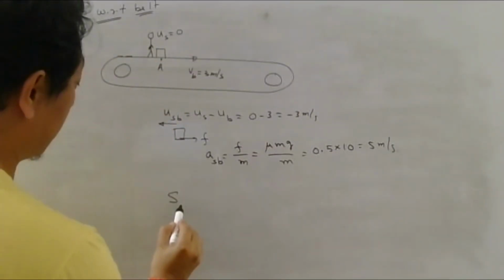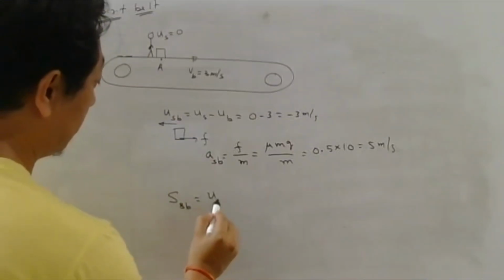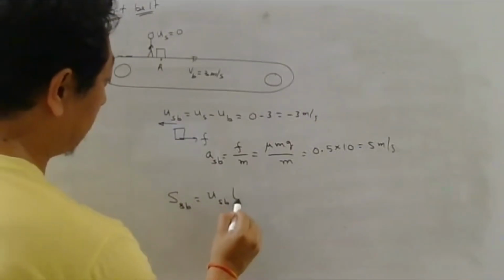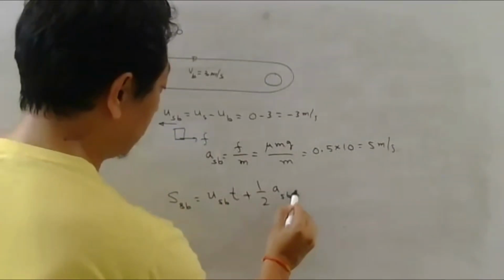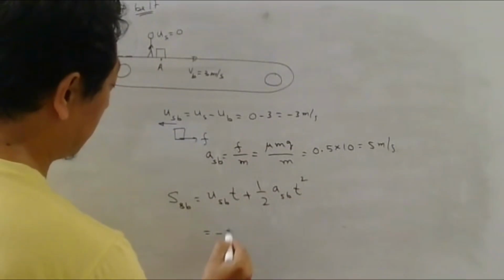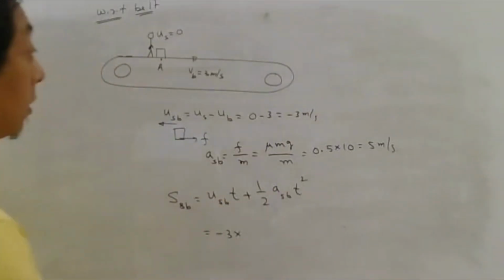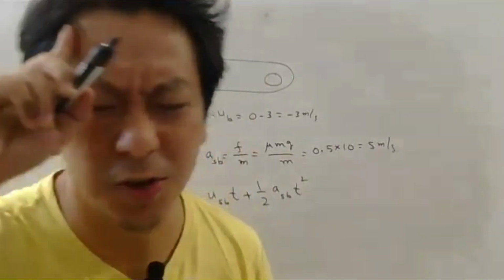So S of the suitcase with respect to belt is U of suitcase with respect to belt times T, plus half A of suitcase with respect to belt T square. U is minus 3 into time. Now time taken is same for everyone, I told. So time taken, how much we got, students?